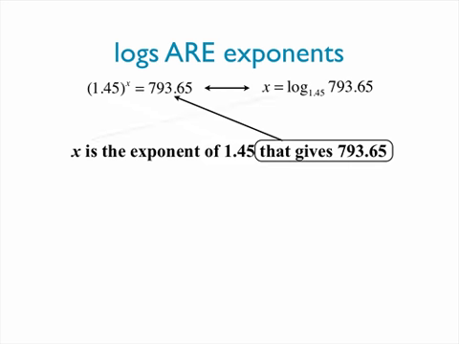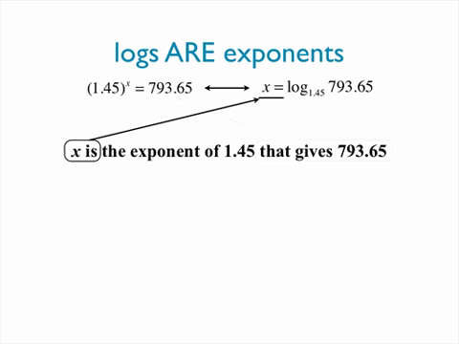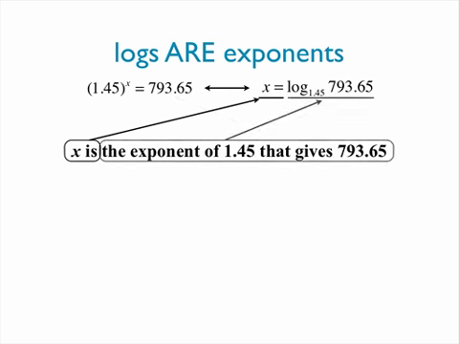So the other side says the same thing. It says x equals, and that thing on the right is, again, the exponent of 1.45 that gives 793.65. Okay? Logs are exponents. They're more than just a way to solve for exponents or something that has to do with exponents.